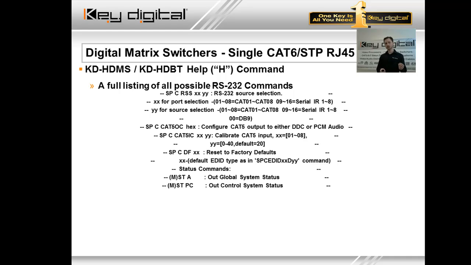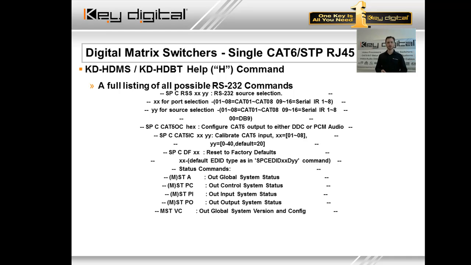Finally, with the status commands, which we're about to show you in more depth, status command is also a very lengthy feedback. If you want something that's a little more concise, instead of global status, you can have status that's pertaining to the control portion, status that's on the input portion, status that's on the output portion, or even where we see parentheses M. What that means, if you were to do MSTA, it would be all machine status.